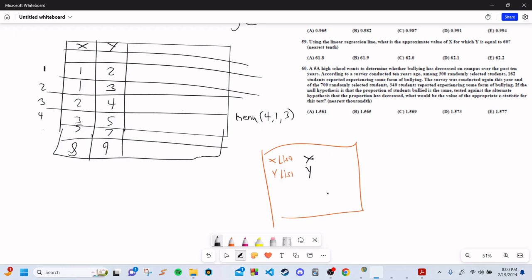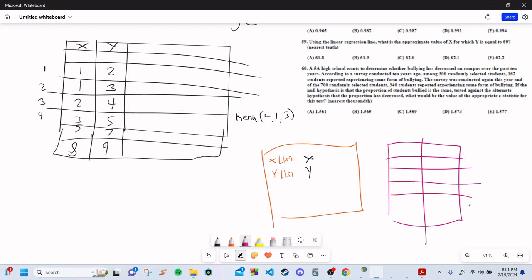So after I enter in all of those values, and then do menu 413, then you should get an output that lists a bunch of numbers.